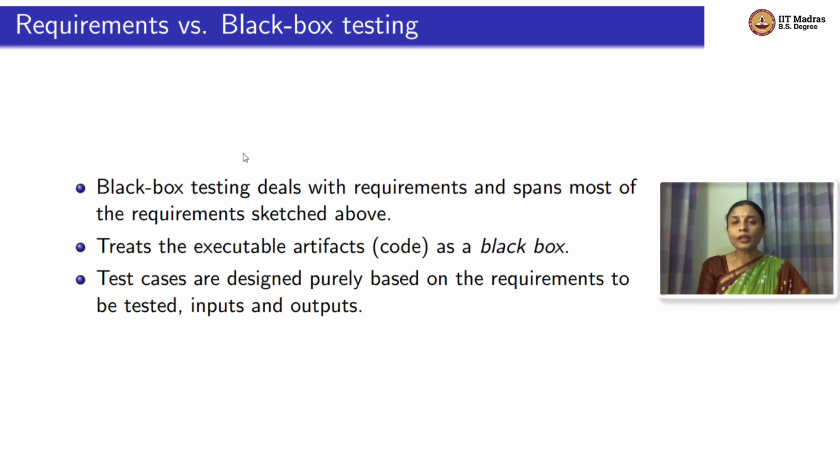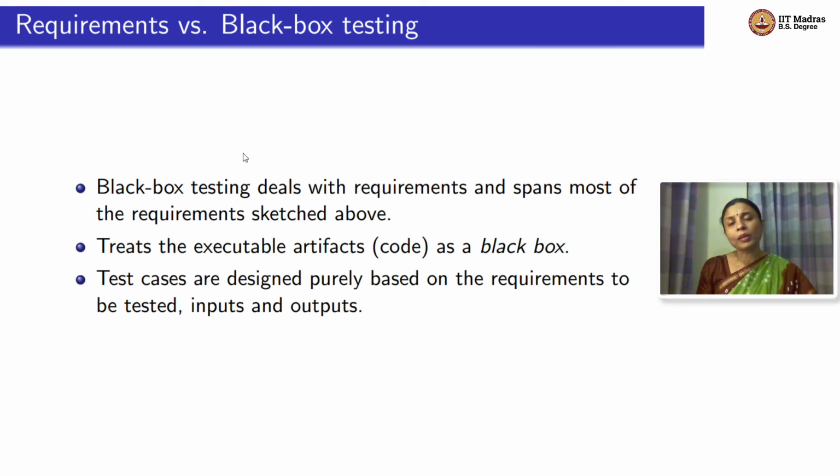But we don't look at the code or its structure or its design. We treat it as a black box. For example, we don't look at the code to draw its control flow graph. We don't look at the code to find out what are the logical predicates that label the decision statements. We treat the code as a black box. We focus our energy on the requirements.